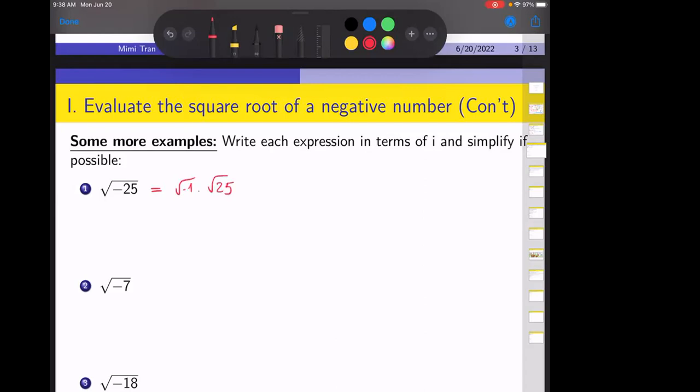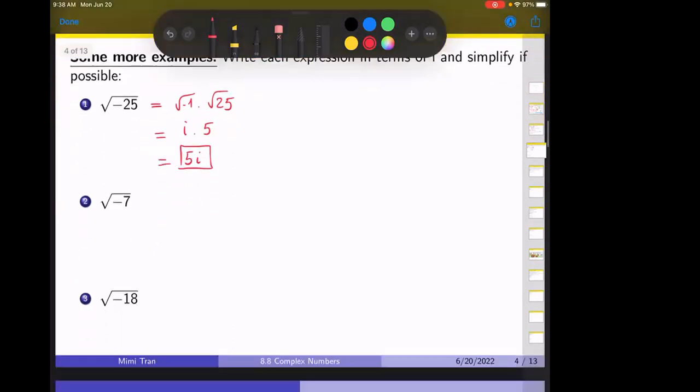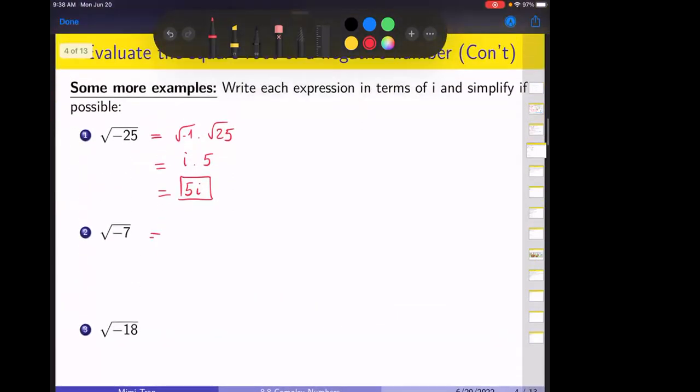Or you can just go ahead and turn it into an i, which is i times the square root of 25, which is 5. Or you want to say 5i, right? Oh, I'm not done yet.